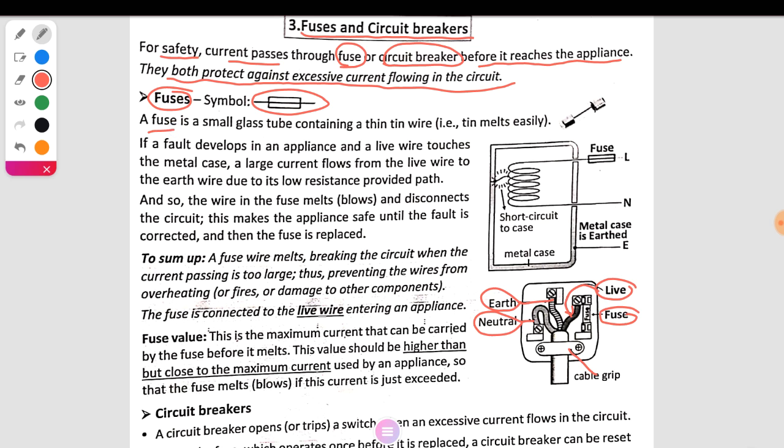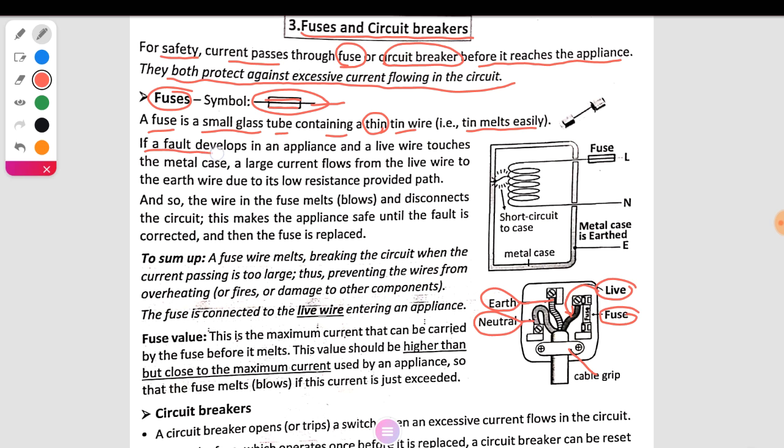The fuse is a small glass tube containing a thin wire in the middle. This is the thin wire, made of thin metal that is easily melted when the temperature increases by passing high current intensity.